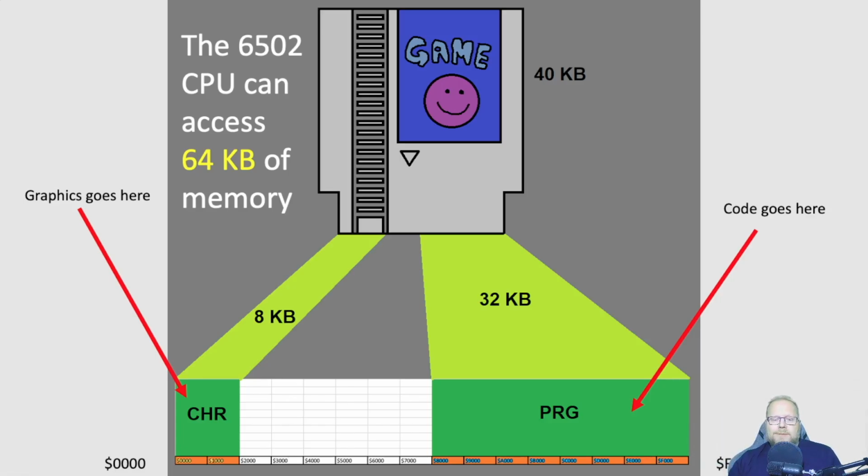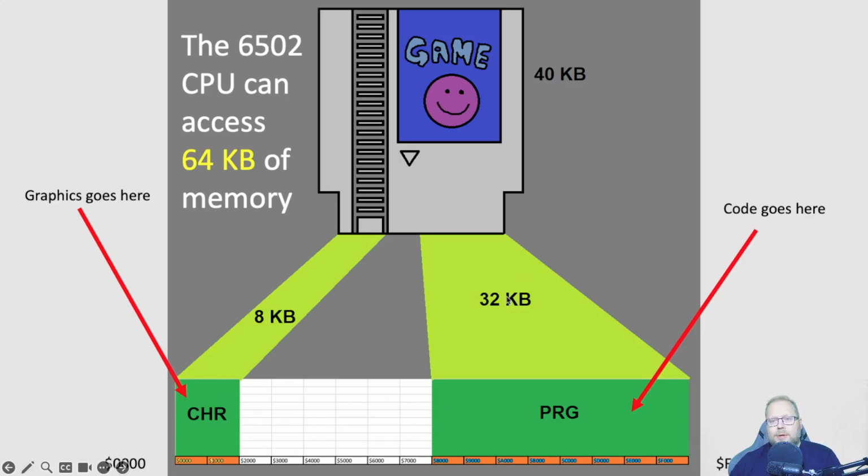If we look at the memory that the 6502 CPU can access, it can only access 64 kilobytes of memory. That's the maximum memory it can see at any given time. So when we put the 8 kilobytes of graphics in here and the 32 kilobytes of code in here, there's not a whole lot left.